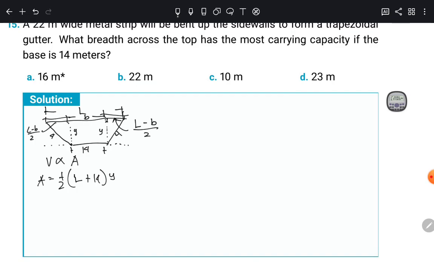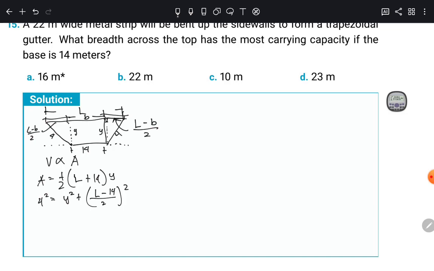And we cannot take the derivative because there's a Y here, and there are two variables, L and Y. So we need to relate the two by using the Pythagorean theorem, the triangle around here. So what's the relationship? 4 squared, that's the longest side, the hypotenuse, will be equal to Y squared plus ((L - 14)/2) squared.